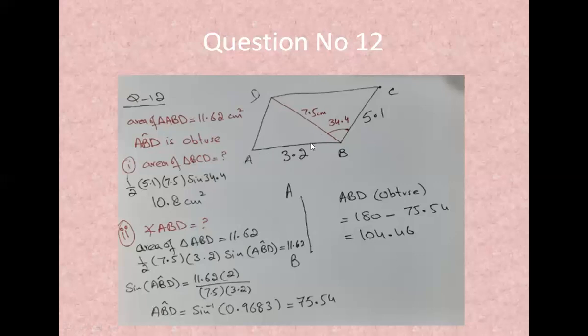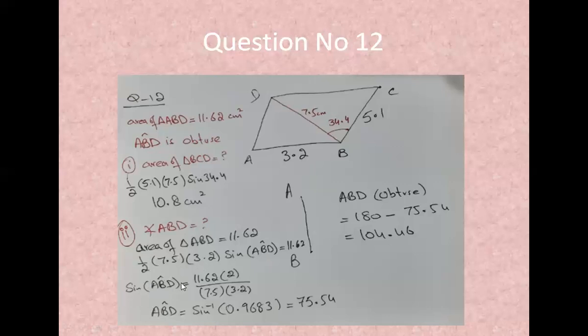So the angle will be between these two sides. So the area of triangle ABD will be 11.62, that is already given to us. That will be 1 by 2 into 7.5 into 3.2 into sine ABD. And the area of the triangle we already know is 11.62. So just put these values here.